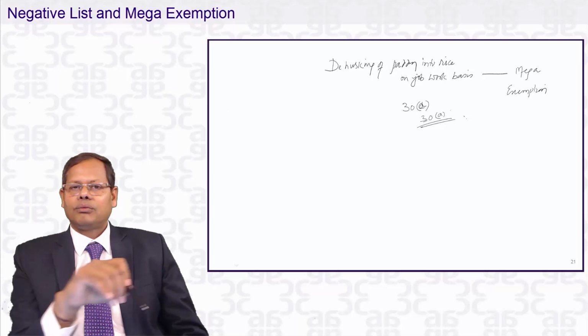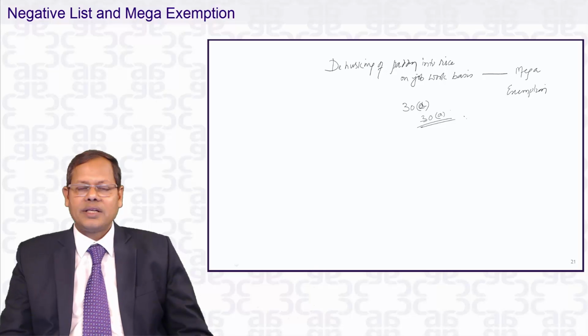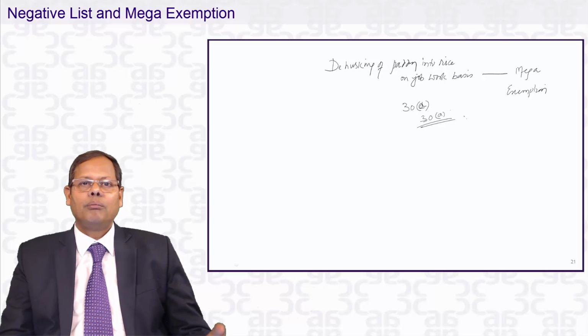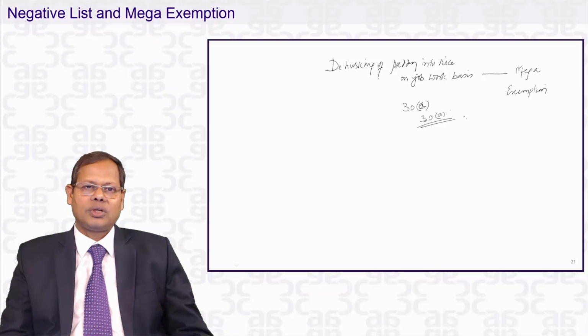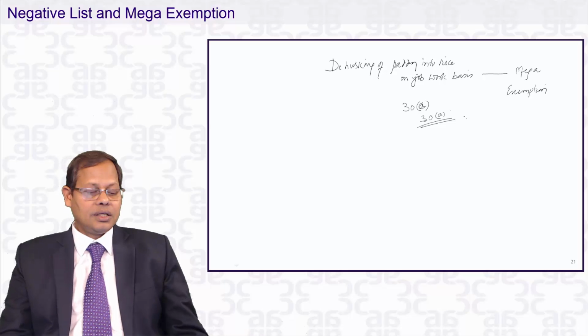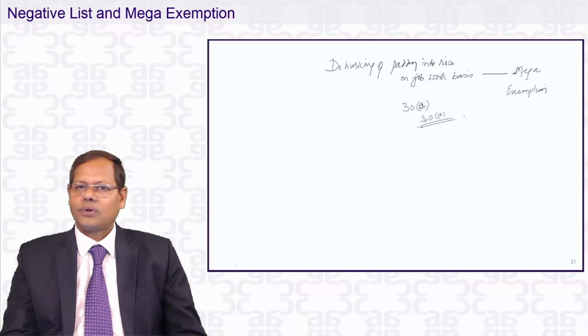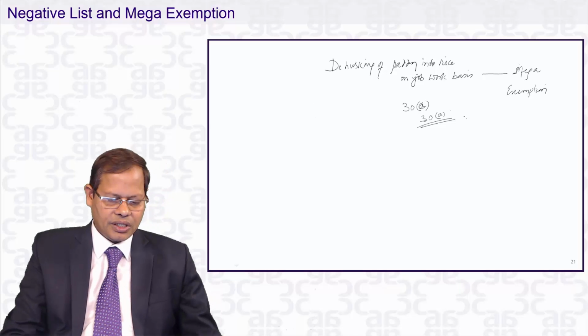Now foodstuffs are not covered. What is covered is food grains. Milk, salt, they are very particular about the list. Milk, salt, rice, food grains including flours, and cotton in ginned form or baled form, called ginned cotton and baled cotton. So got it? With this we complete this particular service which is in the negative list.